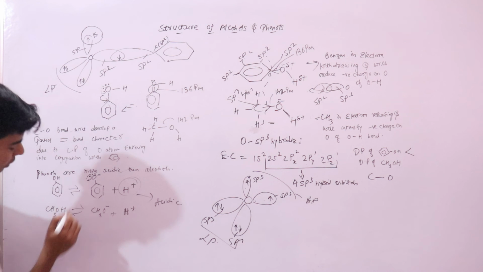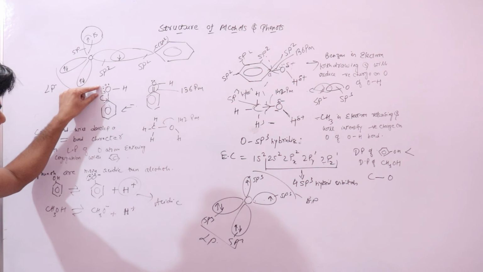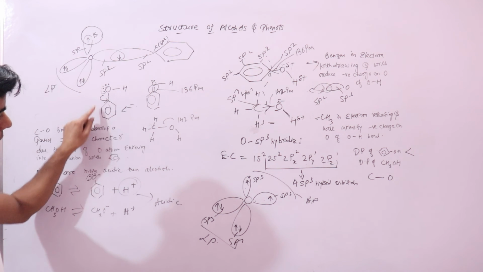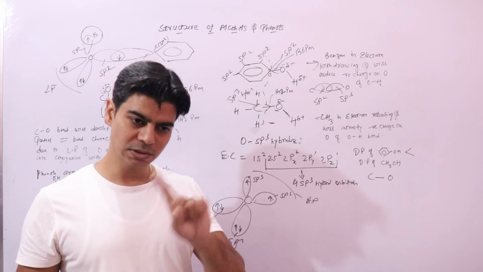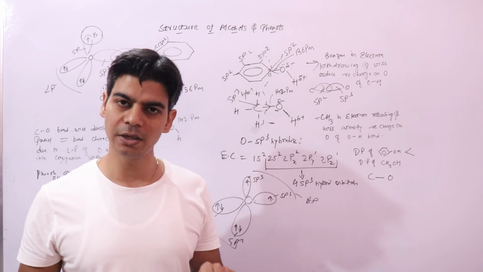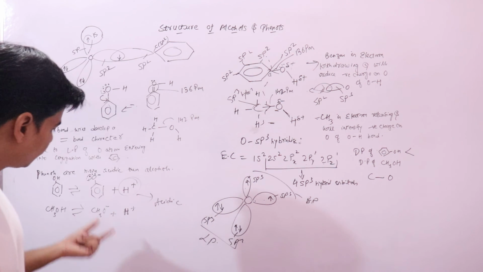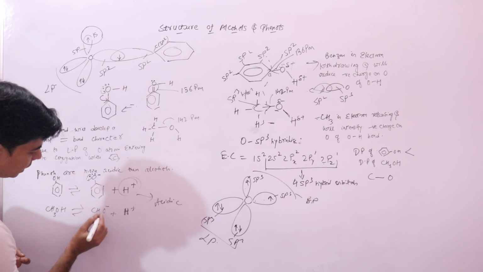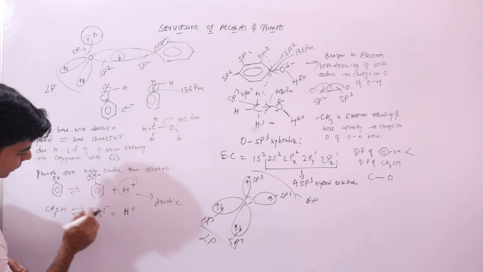Similarly, when this lone pair of electrons enters into conjugation with this benzene ring, resonance gets developed in the molecule and it gets more stable. So, let me just write it down.